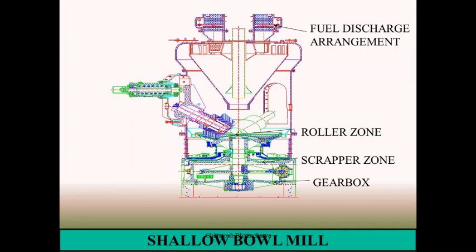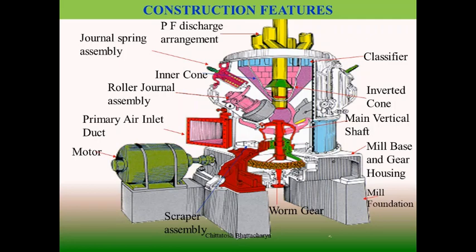These rollers are placed 120 degrees apart, and they are not in contact, but whenever coal falls on the bowl, the coal spreads across the bowl and comes in contact between the bowl and the roller, so it gets ground and pulverized, and this pulverized coal moves up after drying towards the classifier.